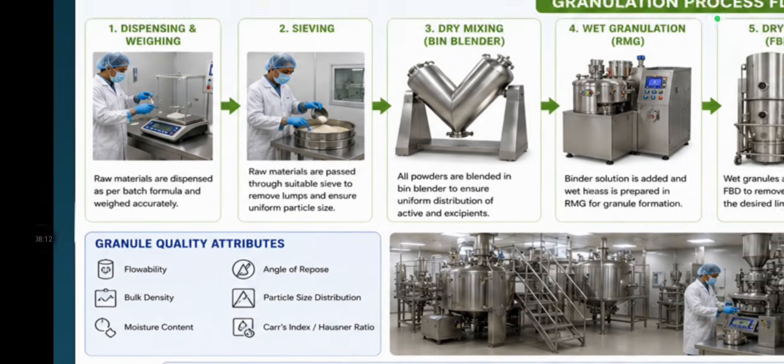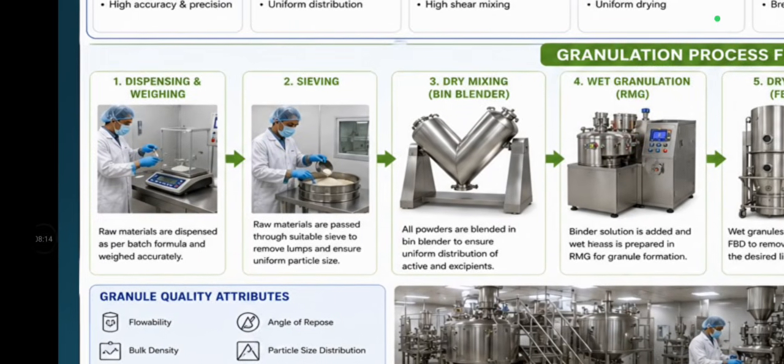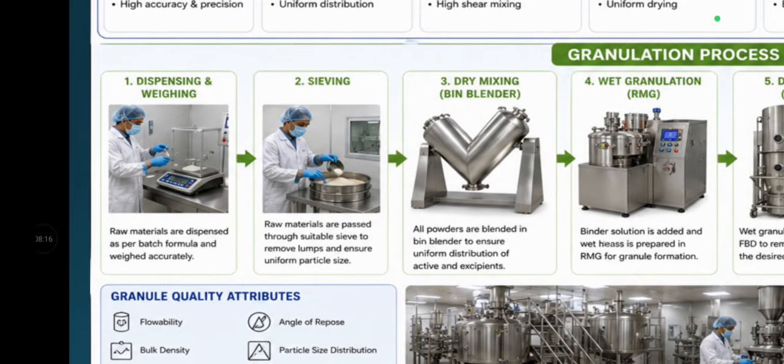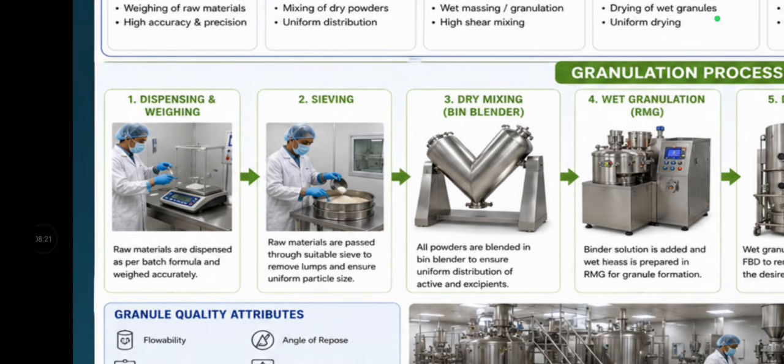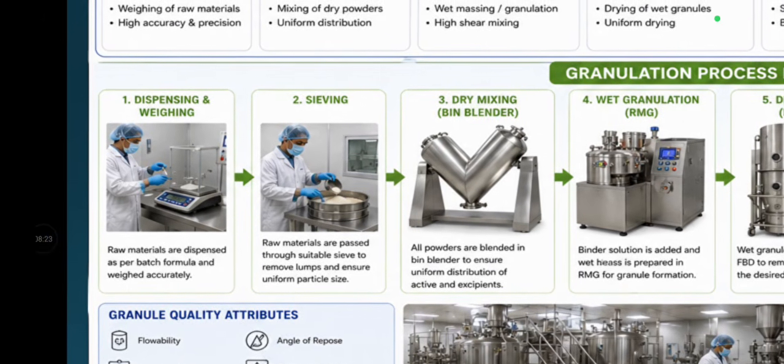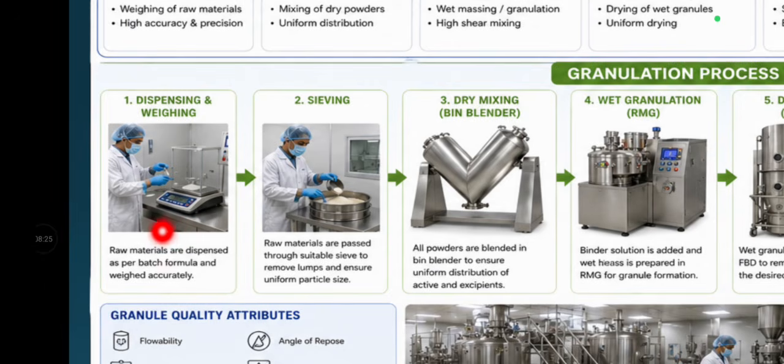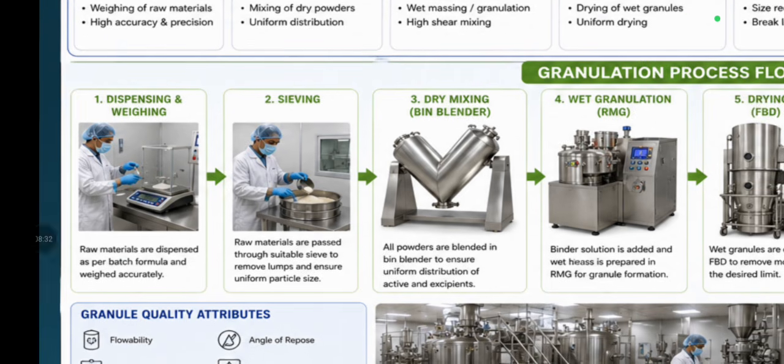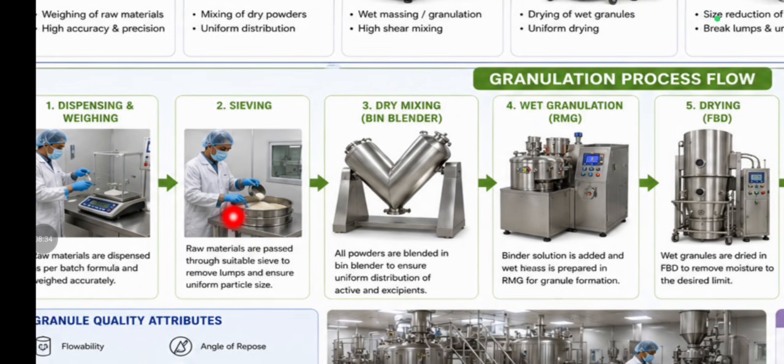So next is the process. What is the flow of the granulation, from where it starts and where it ends? First it starts from the dispensing of the raw materials used to produce the granules, raw material and API. So dispense and weigh properly. After that, sieving: it should be sieved using different mesh sizes to avoid unwanted materials or any impurities.